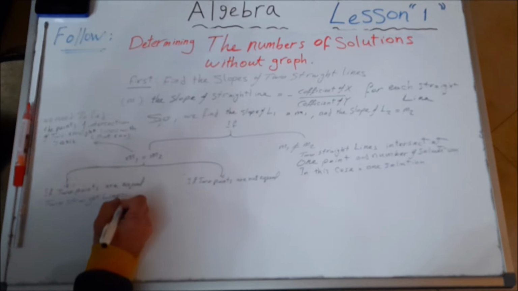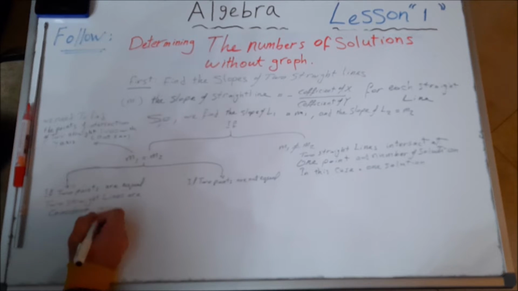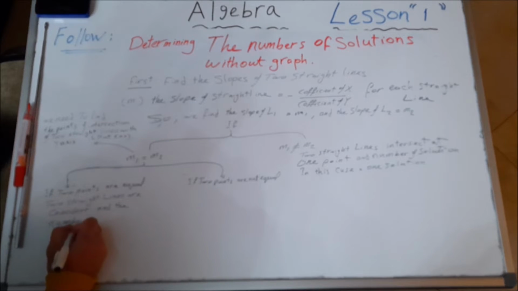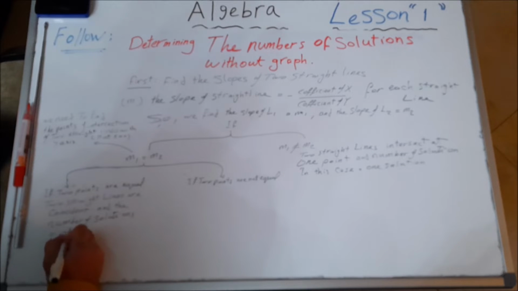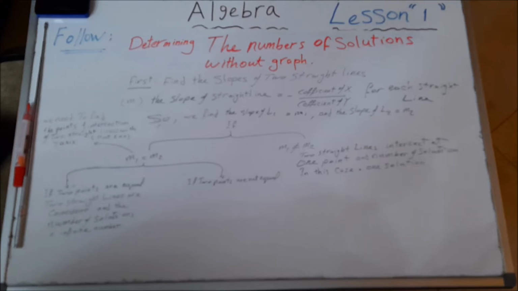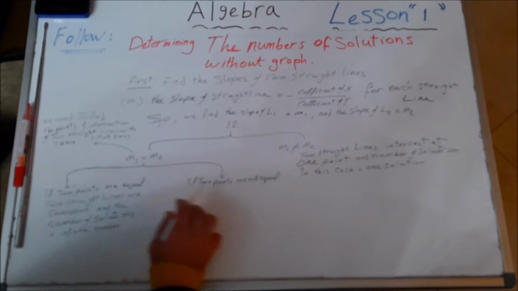اللي هما L1 and L2 الحالة دي بقى مالهم؟ are coincident and the number of solutions equal infinite number. طيب but the 2 points of intersection in two straight lines with the y-axis are not equal.